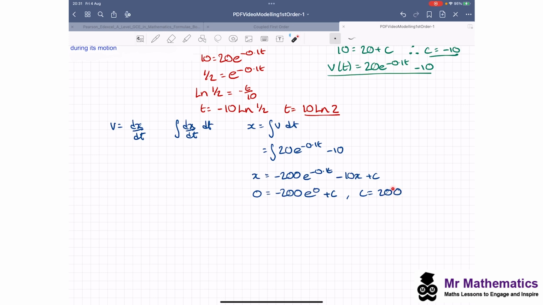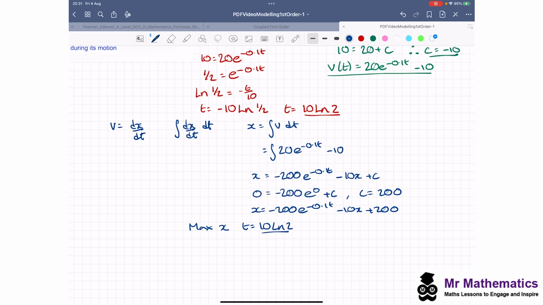So now we can substitute this 200 back into our displacement. So x will equal negative 200e to the negative 0.1t minus 10t plus 200. And we know the maximum displacement is when t equals 10 log 2.